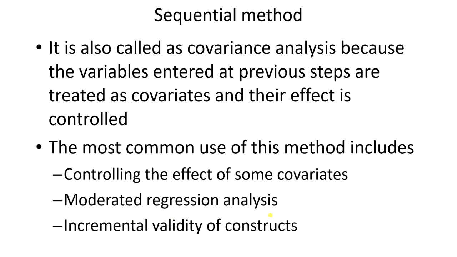This can be used to test the incremental validity of a construct. For example, in emotion-health research, new constructs are coming. Around the 1970s, one construct, alexithymia, came, and it is very popular nowadays that alexithymia explains a large proportion of variance in the health status of an individual.